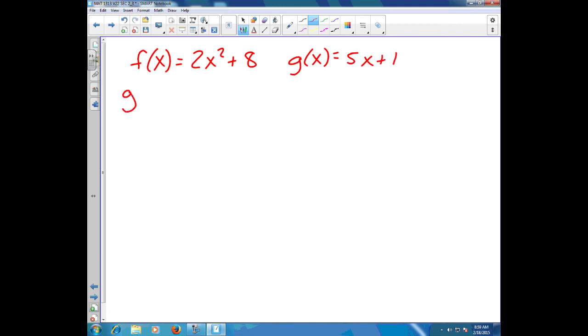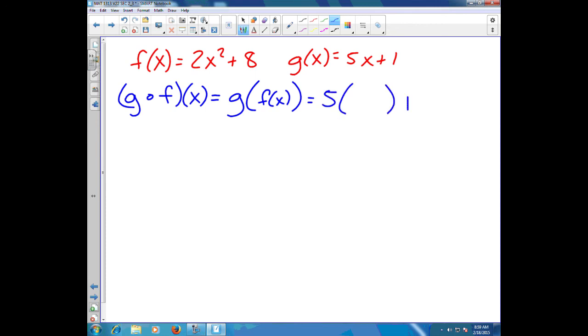And now we want to find g of f of x, which means we're going to take f of x and plug it into g. And so g is 5 times x plus 1. And we're just going to replace x with 2x squared plus 8.